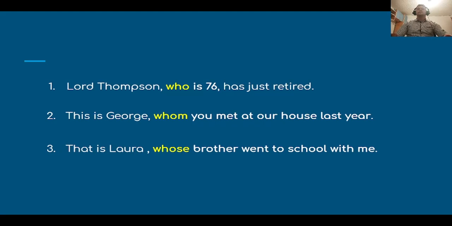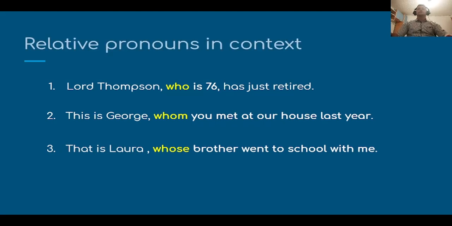And the last sentence: That is Laura, whose brother went to school with me. So, this is how a relative pronoun is put in a sentence. As you can see, it is right after the subject. That's its place in the sentence.